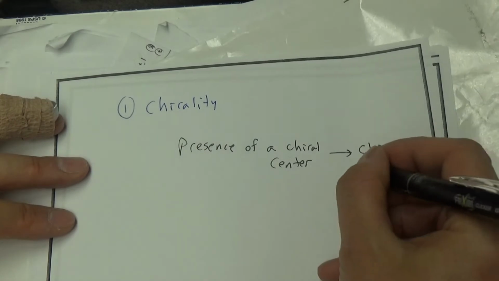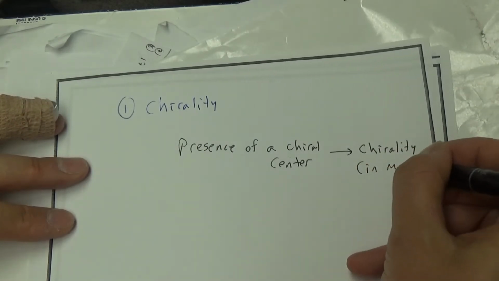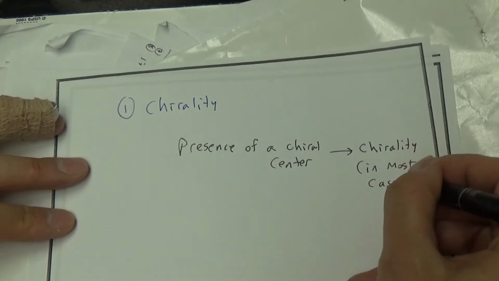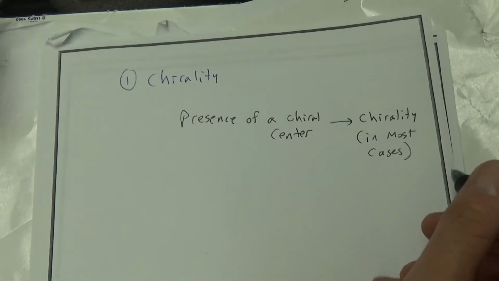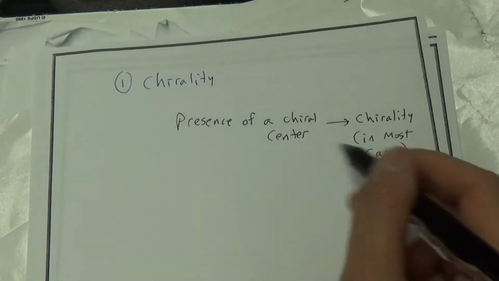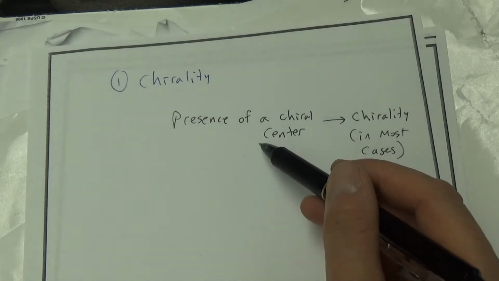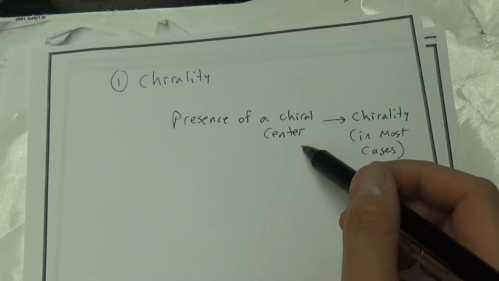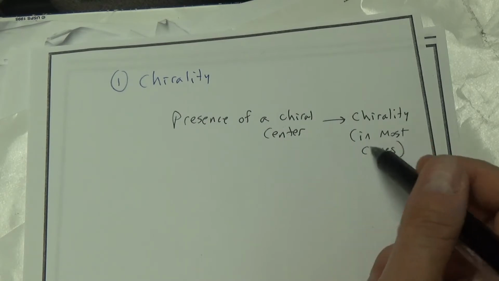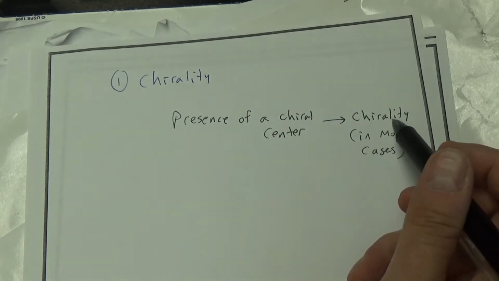I'm going to say in most cases because there will be an exception. For now we can assume that's a general rule, but we'll see the exception in a bit. So usually, if you have the presence of a chiral center, stereogenic center, stereo center, it implies chirality. So the molecule is chiral.